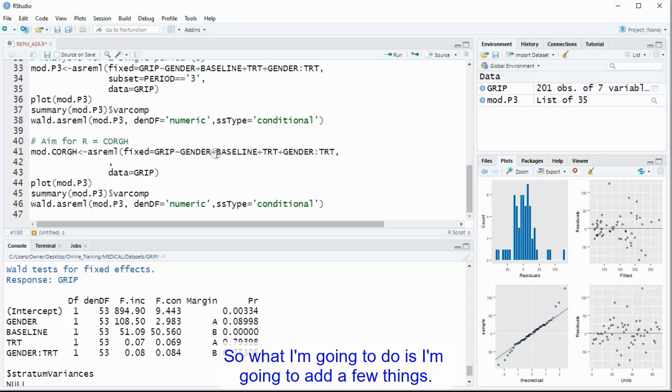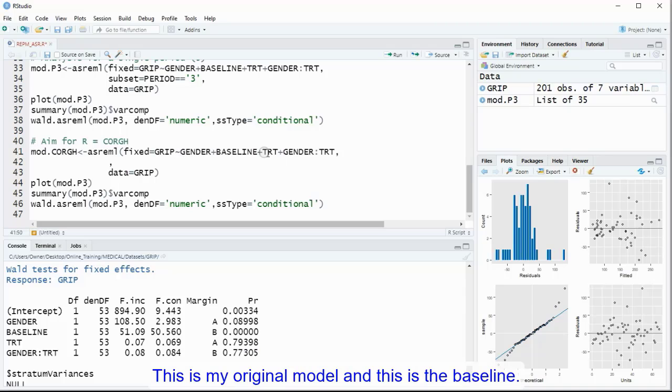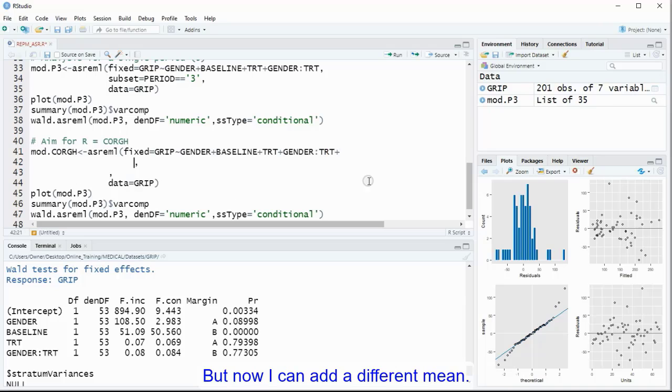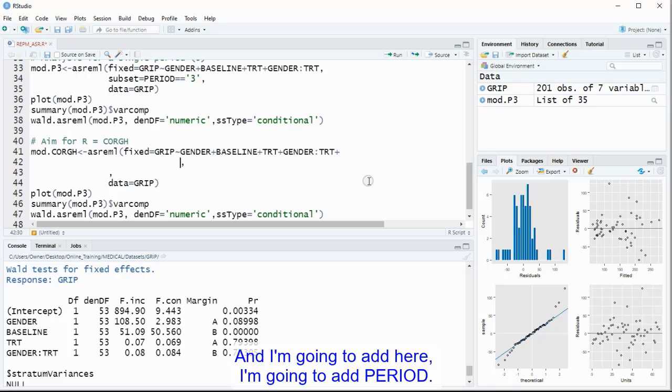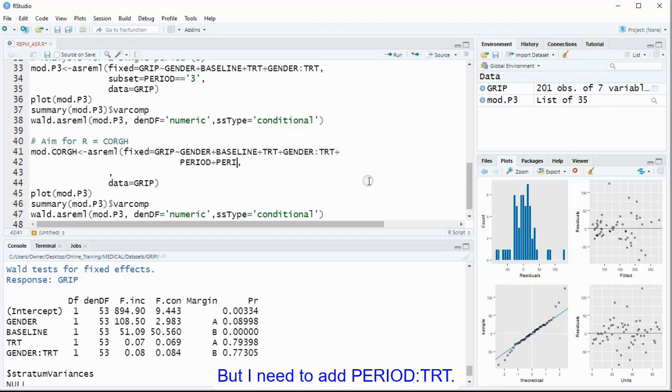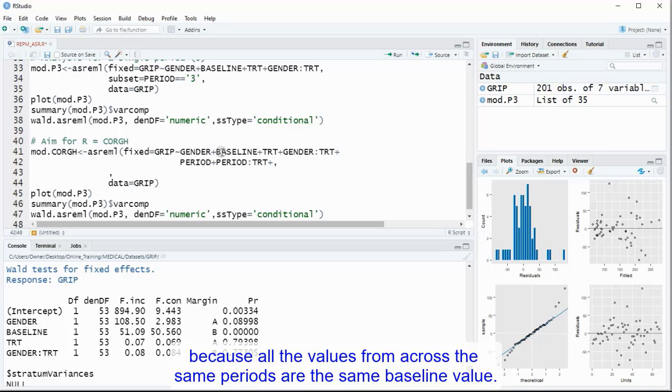So what I'm going to do is I'm going to add a few things. This is my original model, and this is the baseline. But now I can add a different mean, and I'm going to add a period, which means now we have different means per period, but I need to add period treatment. There's no point in putting period baseline because all the values across the same periods are the same baseline value.